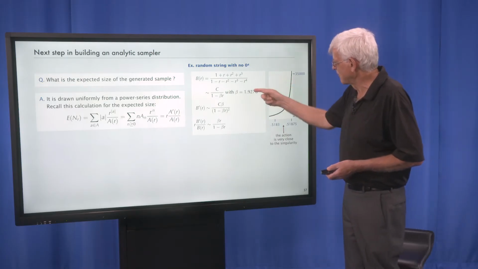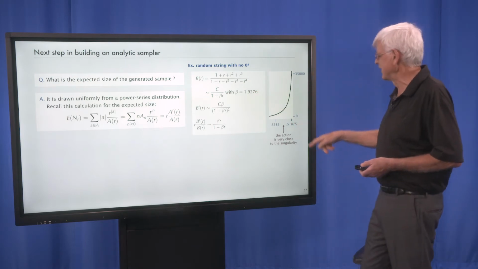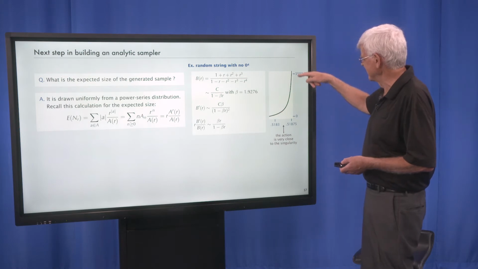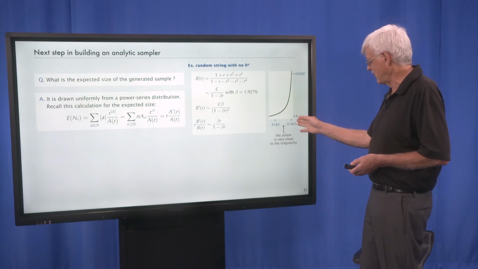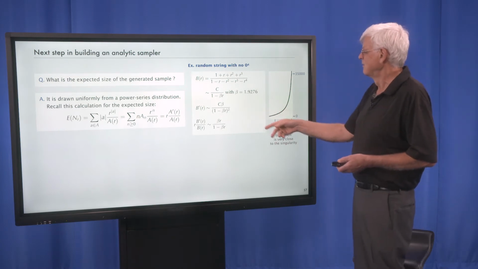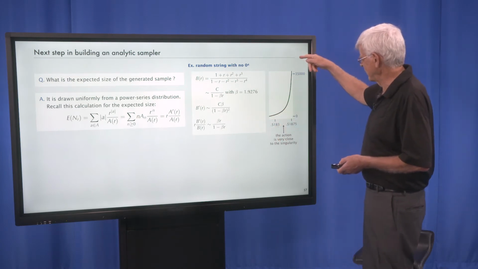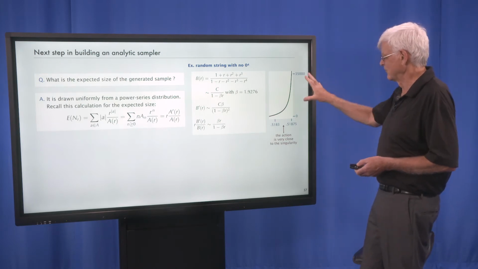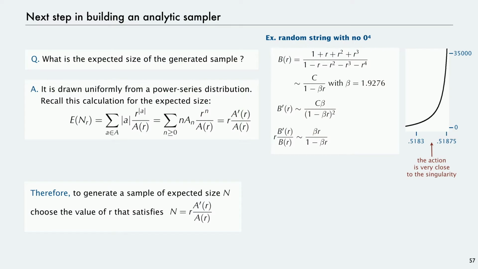So 1 over beta of r is about 0.51875, and if we plot the expected size, we're going to see as r gets close to the singularity, 1 over beta, it starts to grow up. The action is really close to that singularity. Just keeping that in mind, still, we can generate a sample of expected size n by choosing the value of r such that n is equal to that expected size.